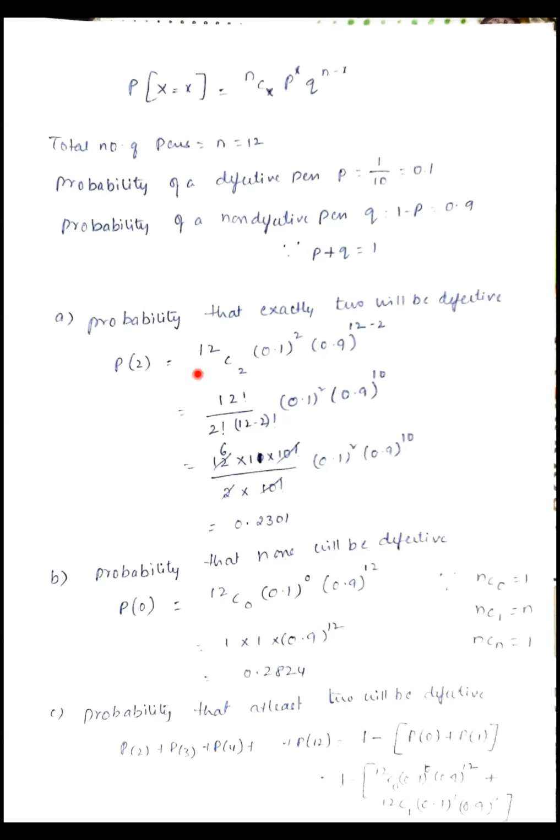Here 12C2 means 12 factorial divided by 2 factorial times 12 minus 2 factorial.